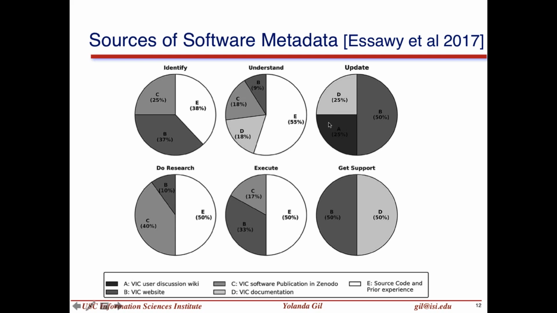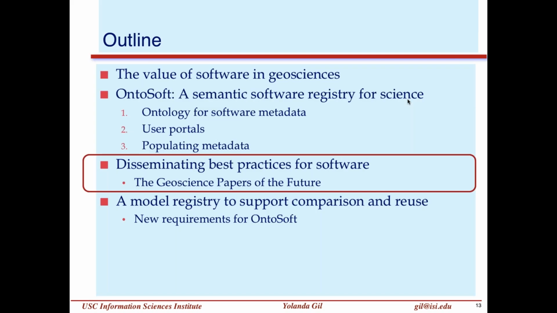So you have to look at 5 different kinds of places to really find the information that you need. So we really think that there's a benefit to explicitly and centrally capture all of this software metadata. So that's kind of an overview of the OntoSoft portal.